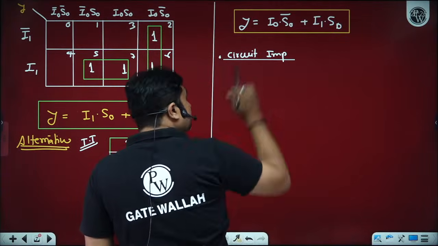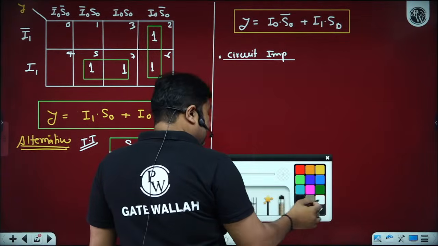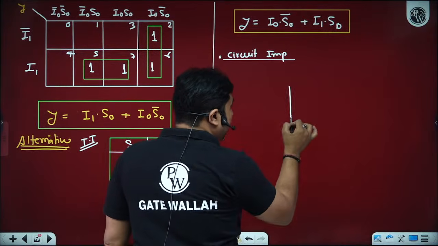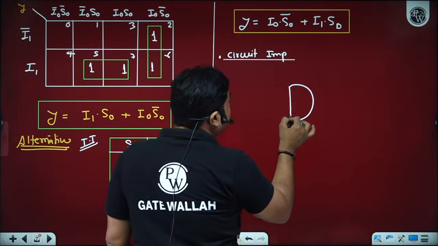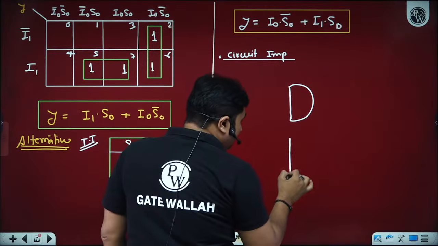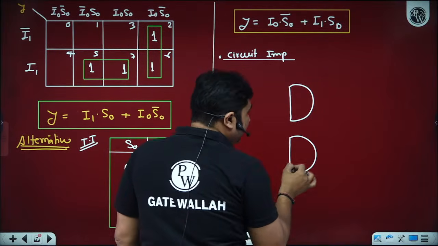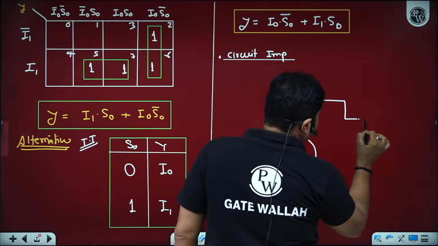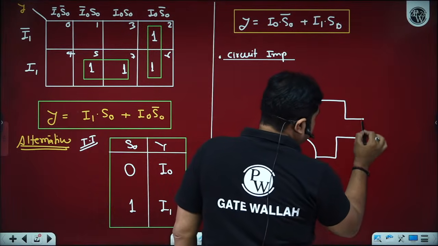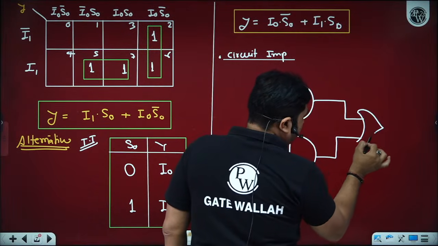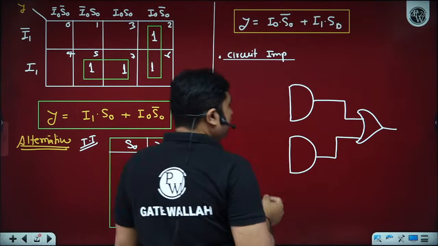So what logic circuit are you able to see? Sir, we can see there are two AND gates. One AND gate will give you I0 S0 bar and one will give you I1 S0. And we need one OR gate. Is it okay? Yes, sir.